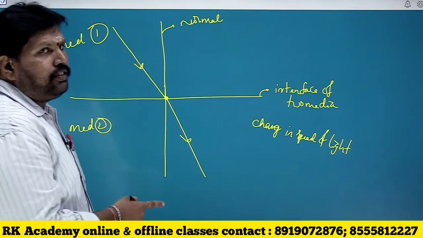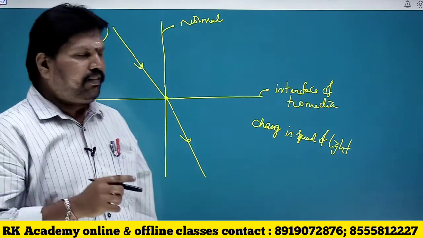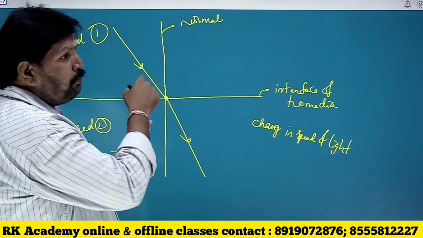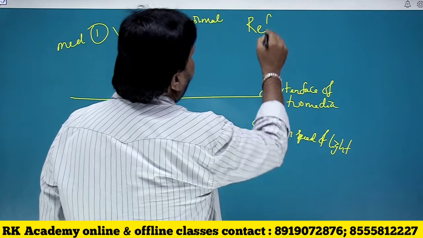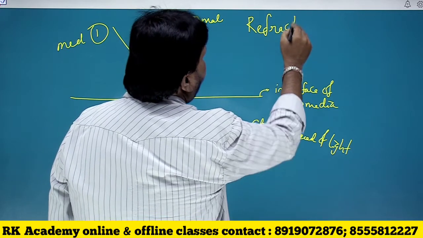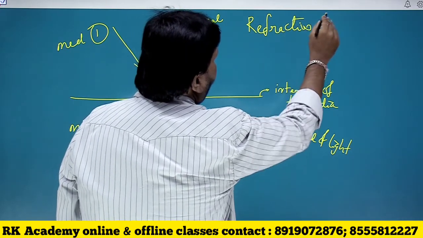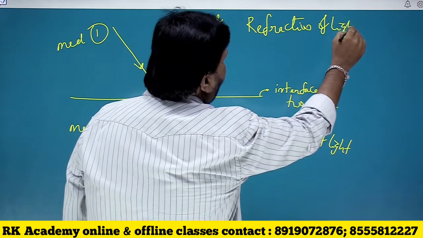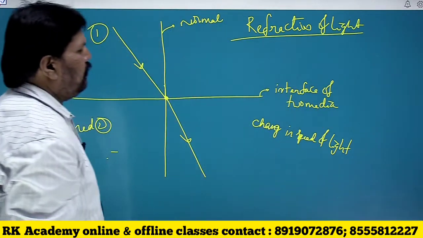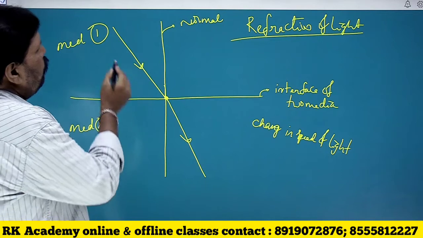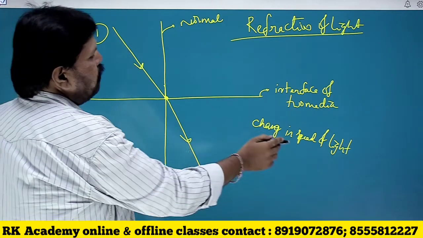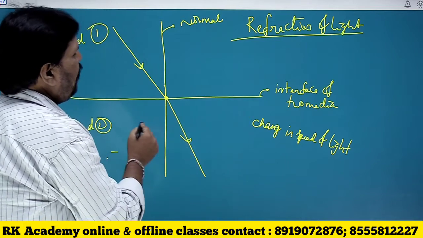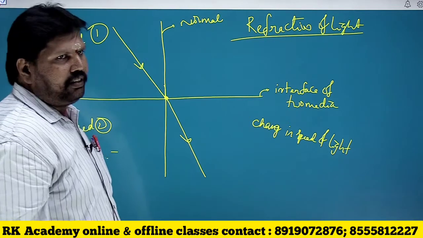So due to the change in speed of light, it bends and travels, and this phenomenon is known to be refraction of light. So when the light ray is incident on the interface of two media, its speed changes and it bends and travels. This is known to be refraction of light.